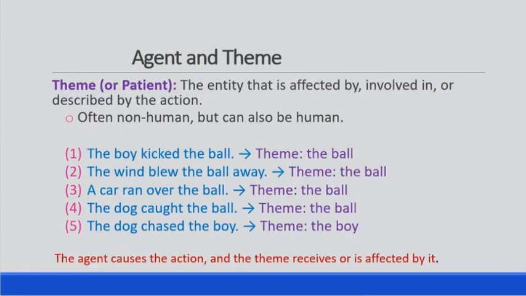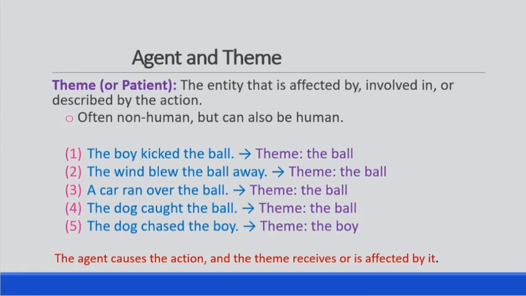And themes, okay, meaning the entities that are affected by, involved in, or described by the action. For example, the boy kicks the ball.